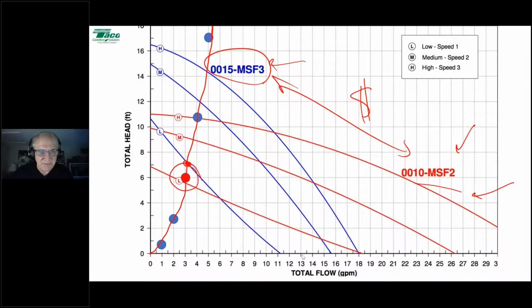Let's see where we're at for gallons per minute. I might be a little over 3 gallons a minute, just a shade over. I might have a slightly smaller delta T than 20 under design conditions, but we can live with that. So not a bad choice in either direction.